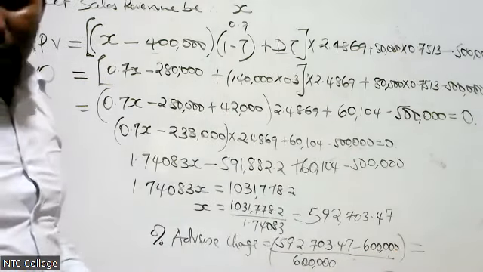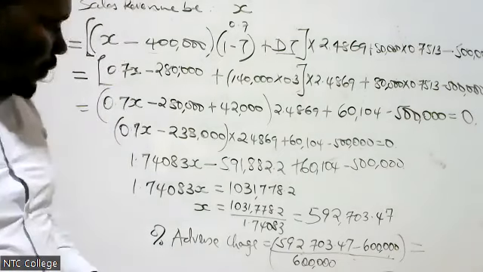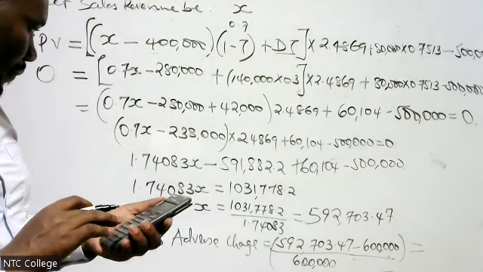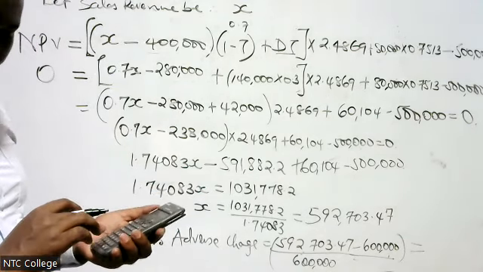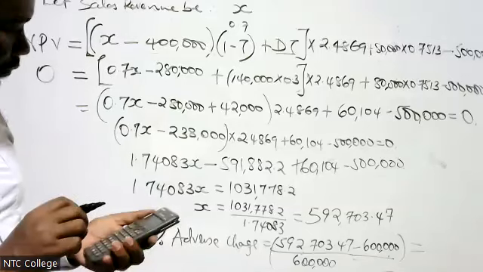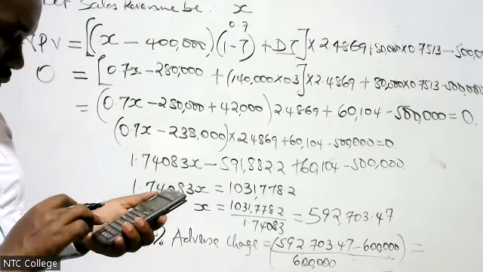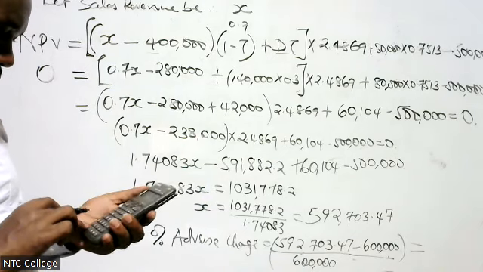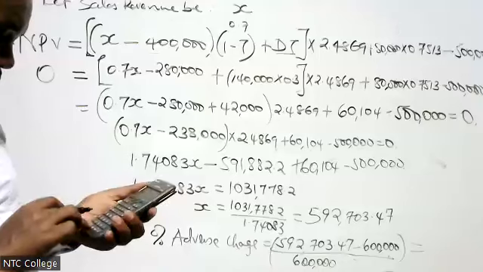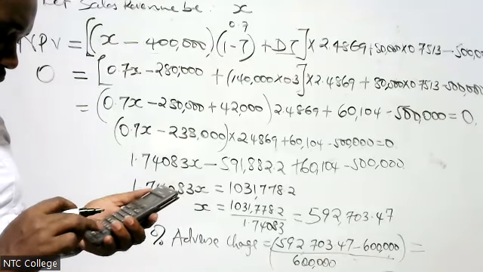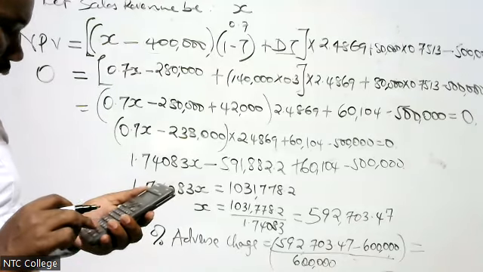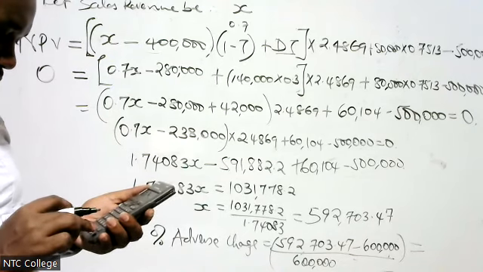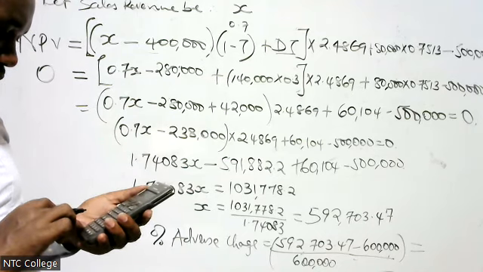So the answer is what? $592,072.47 minus 600 divided by 600.